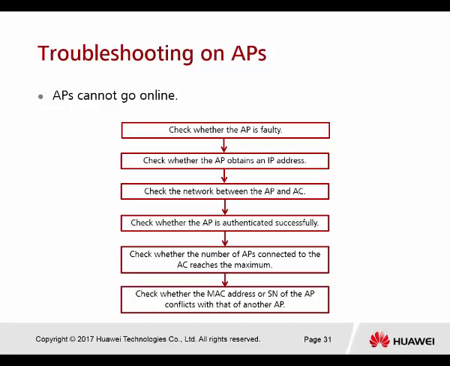If there is no problem with the IP, then we go for the connection. Try to ping from your AP to the controller. Make sure the AP can reach the controller. Then the next one, is the AP required during the authentication? Ping is one thing, because when the IP is well configured, we have a static route, or maybe we're running a dynamic one, we have a gateway, so the AP can ping the AC, but that doesn't mean they will form the CAPWAP automatically.